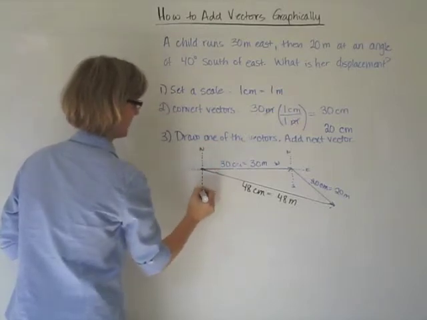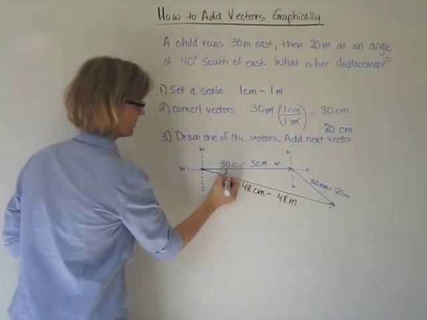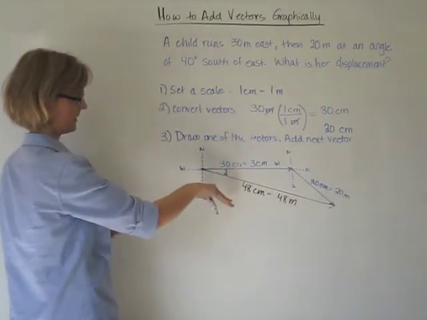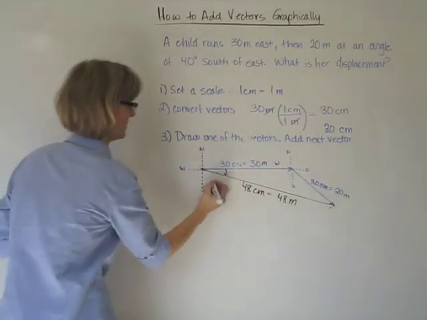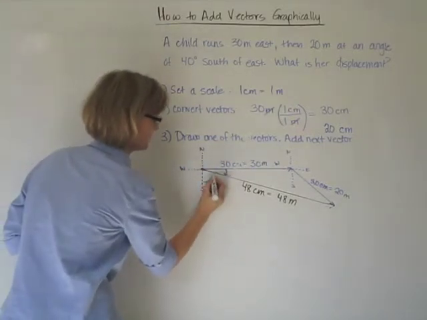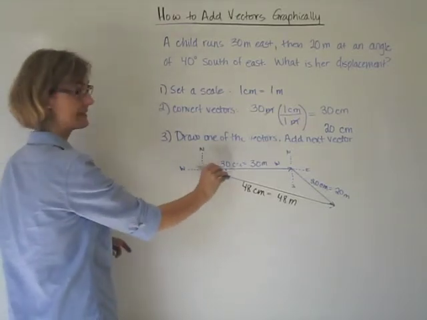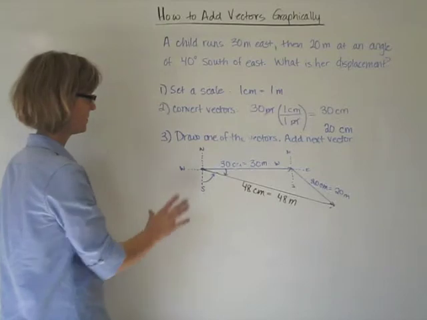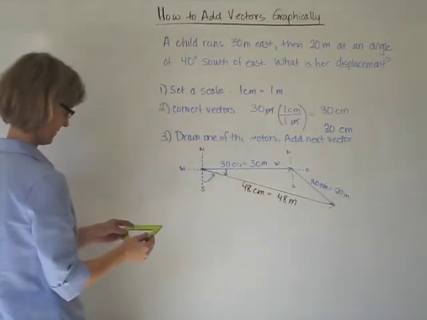So north, east, south, west. If you measure this angle here, you would be specifying the degrees south of east. Alternately, you could measure this angle, and then you would be giving the number of degrees east of south. So you could do either one, just be sure you get the directions going correctly with the angle that you measured.